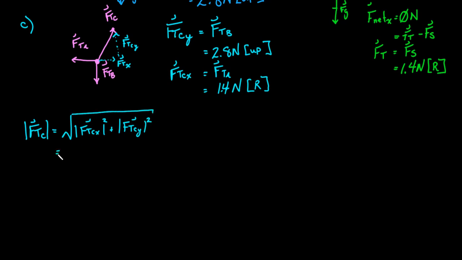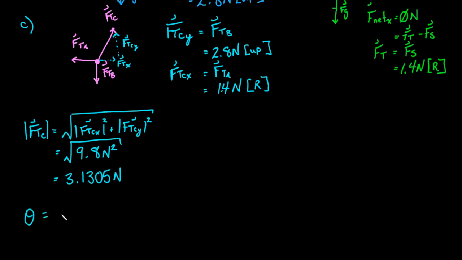Again, we've done this enough that I think I'm just going to go through and simplify. Okay, so I get the root of 9.8 newtons squared, which comes out to 3.1305 newtons.